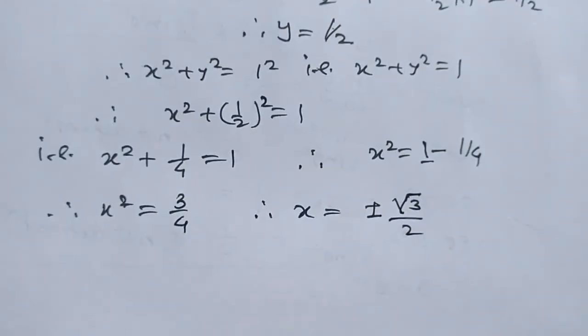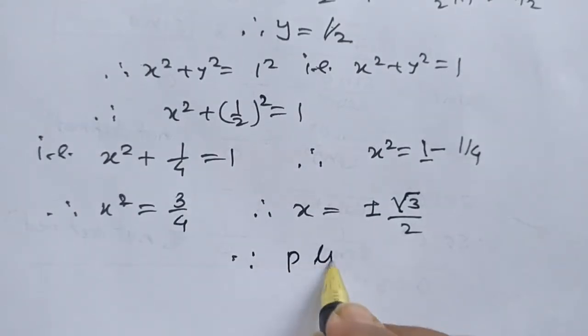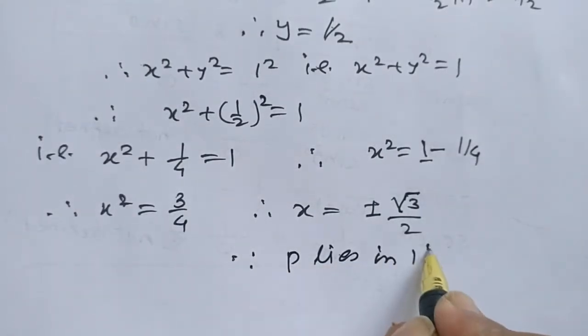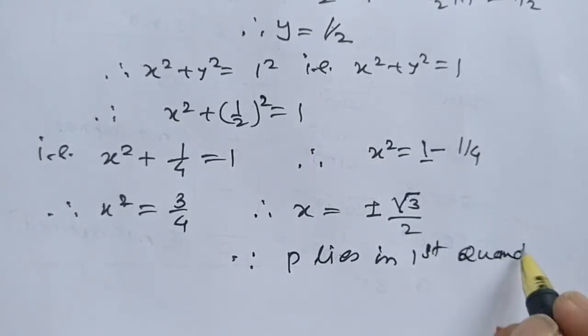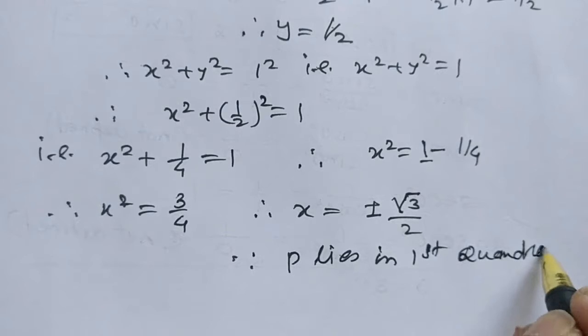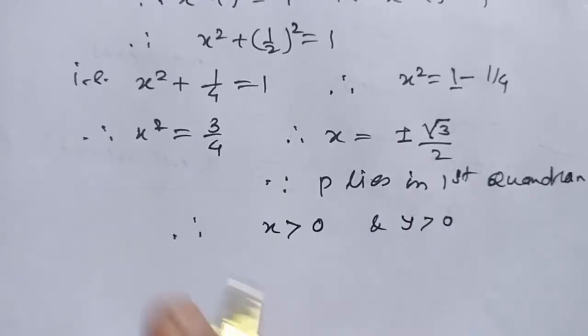Now, since point P lies in the first quadrant, x is greater than 0 and y is also greater than 0.